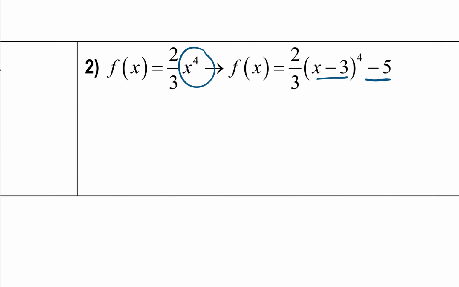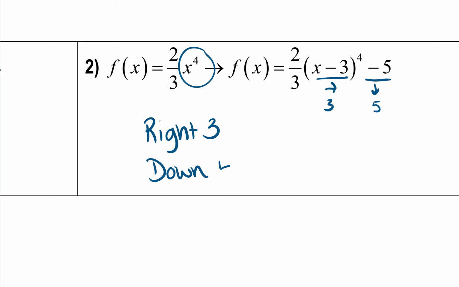So I'd be going right 3, and then minus 5 outside is down 5. So you can just write right 3, down 5, and that's my answer. Translations to me are kind of easy. There's not a whole lot to them. I can only go 4 directions, so it's not too crazy.